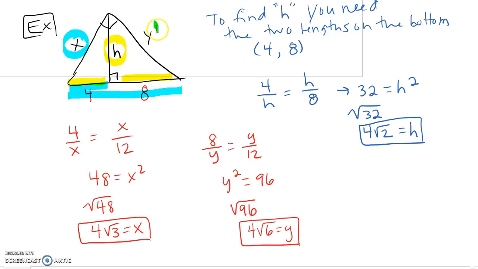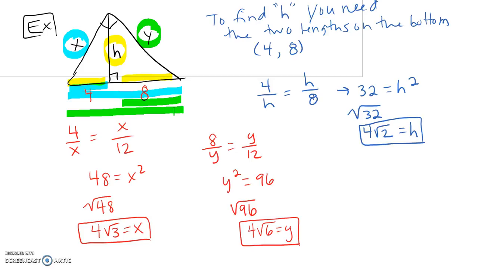And Y is the geometric mean of Y, which is 8, and 12. So the geometric mean means I'm going to multiply the 2 numbers together and then find the square root. So H, 4 times 8, take the square root. X will be 4 times 12, take the square root. And Y was 8 times 12, take the square root.